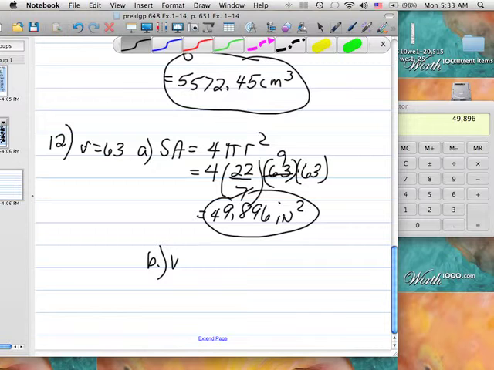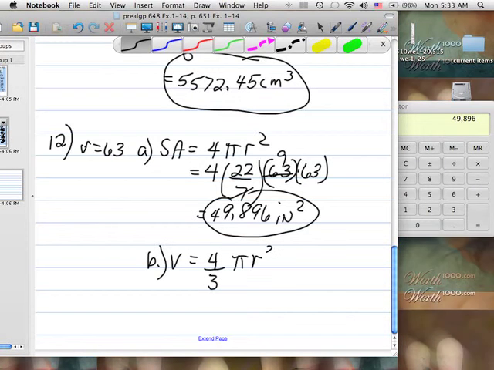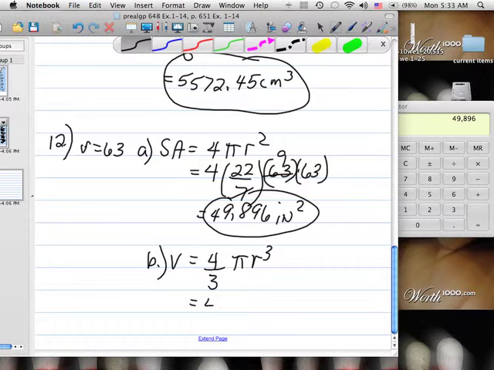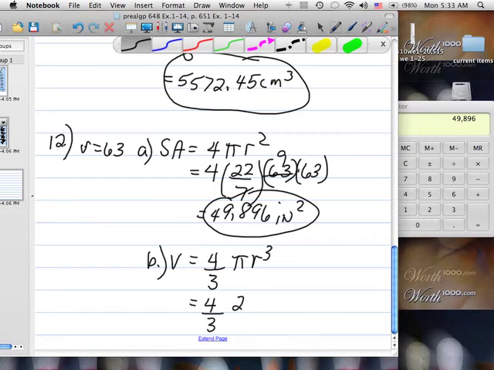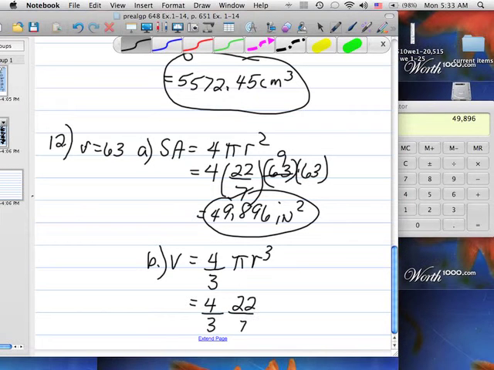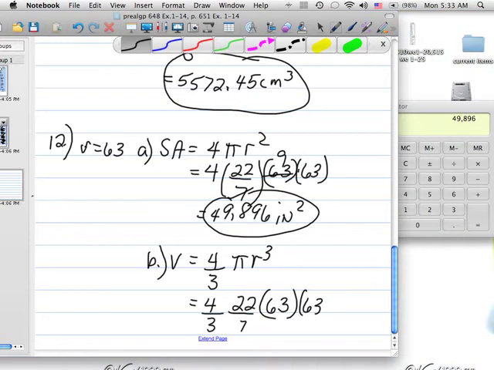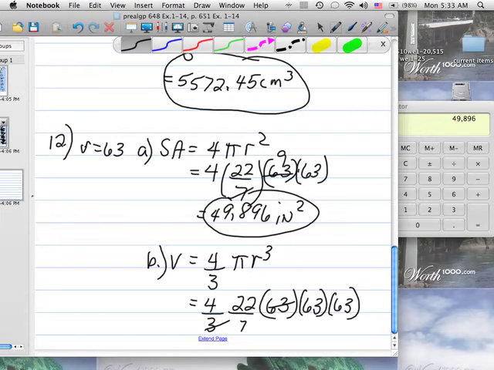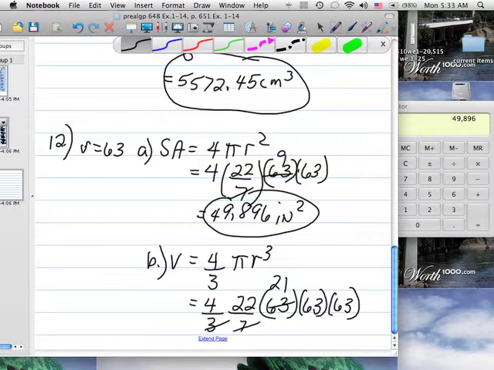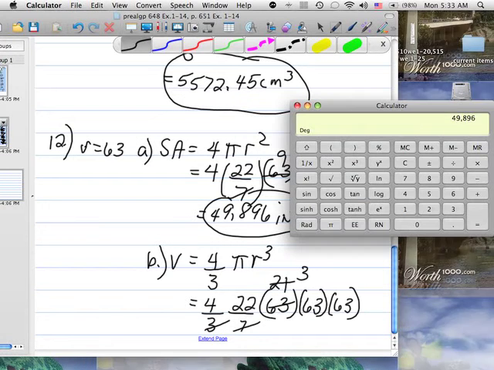Part B, there's 2 parts to these. Volume equals 4/3 pi r cubed. And again, we use 22/7, and the 63 is written 3 times. And we can do some canceling here. The 3 goes into 63, 21, and the 7 goes into 21, 3.